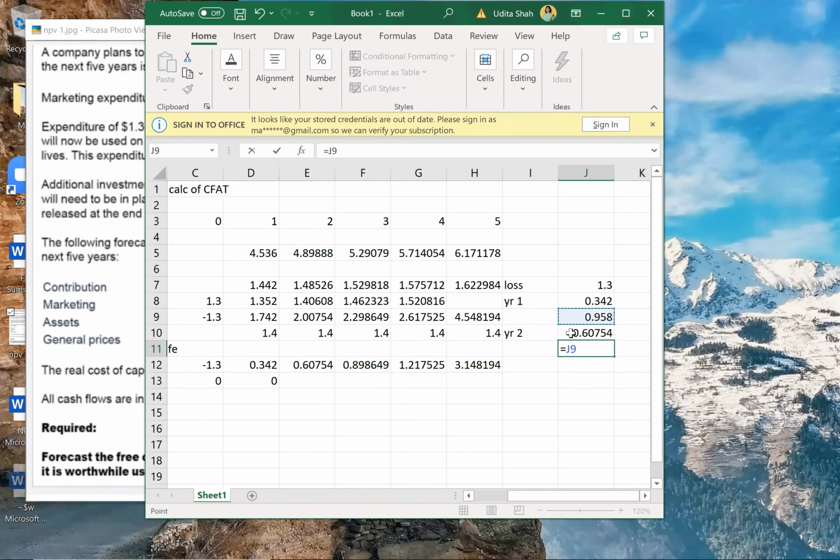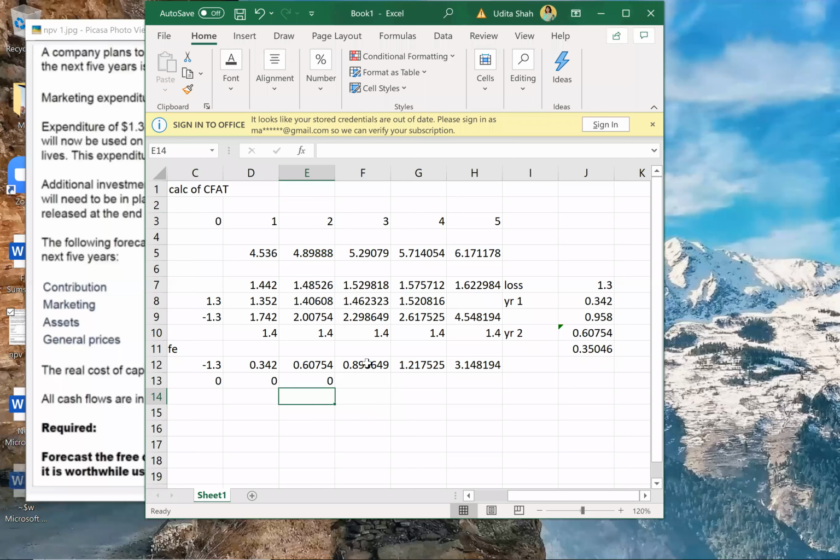So still a loss of 0.350 is remaining. So no profit, no tax.